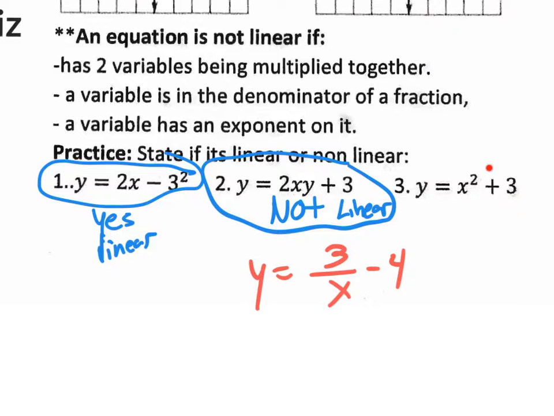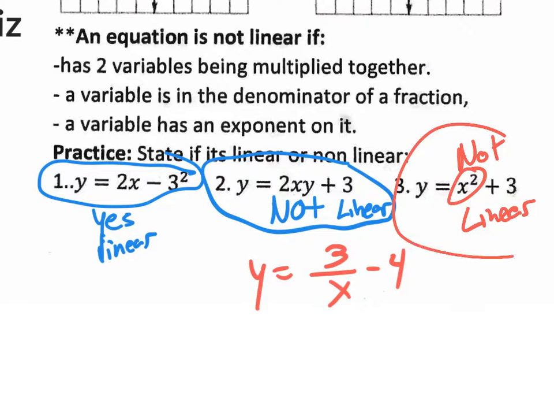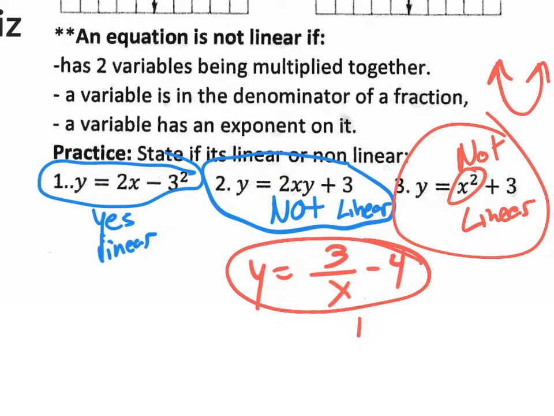Does this produce a line? No, why not? Because it has the exponent, right? So this is not linear either. This will actually produce a U-shaped curve. We'll get to those later. And this one, we just gave an example of it not being linear either, because of the variable in the denominator.